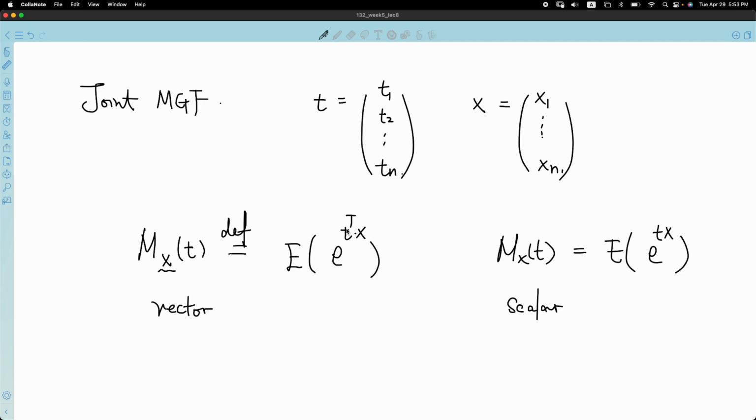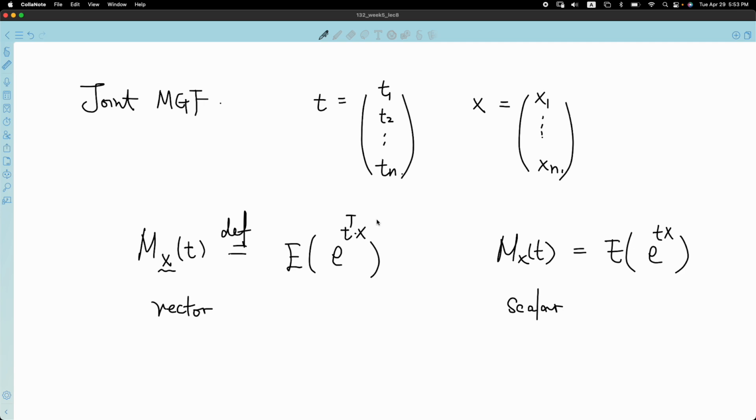The only thing is that you need to do an inner product of the two vectors to get a scalar, and then you exponentiate it and you get a scalar. So it's more like a notational difference, scalar version versus vector version.